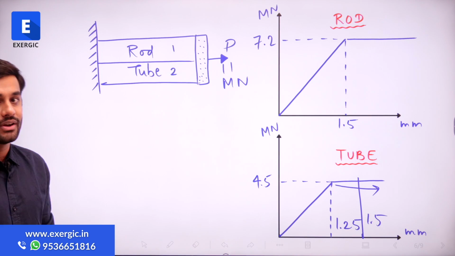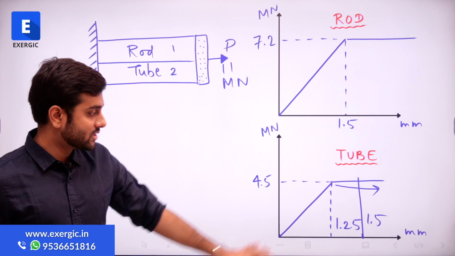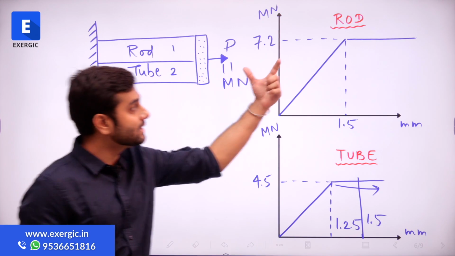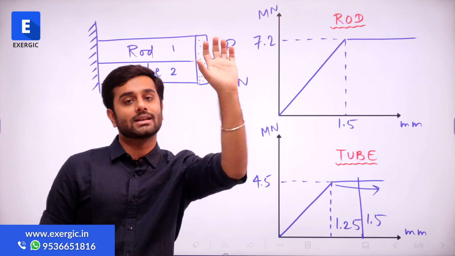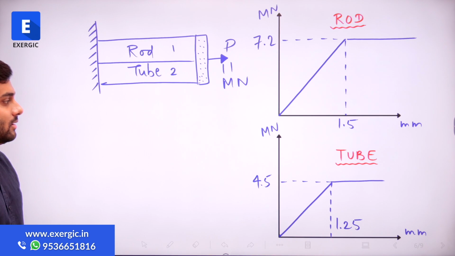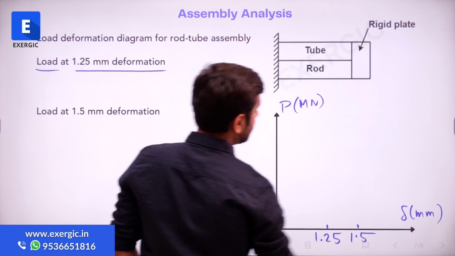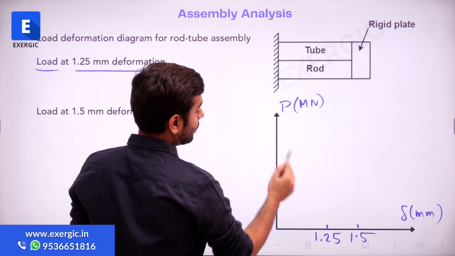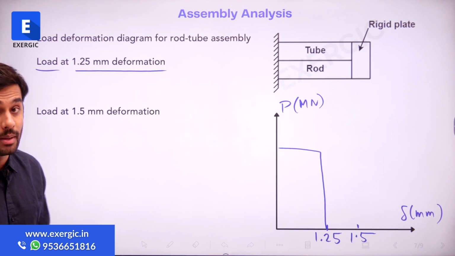So at 1.5 mm of deformation, combined deformation I am talking about, this one is plastic, this one has just entered the plastic. It is on the border of elastic and plastic, right? On the basis of that, tell me what the value of load will be when the deformation is 1.25 mm.